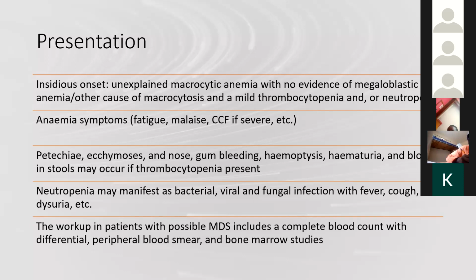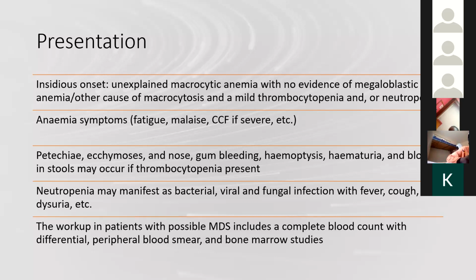Okay, they have no evidence of megaloblastic anemia or other cause of macrocytosis. They may present with a mild thrombocytopenia, and many times this thrombocytopenia might be attributed to other conditions like, say, ITP or something like that. Or they may also have a neutropenia.